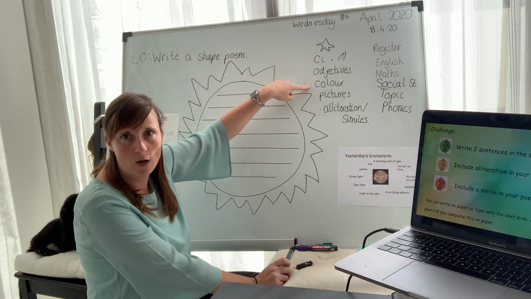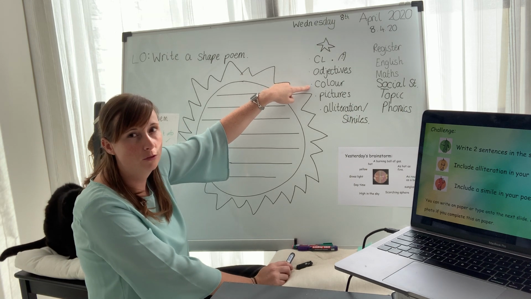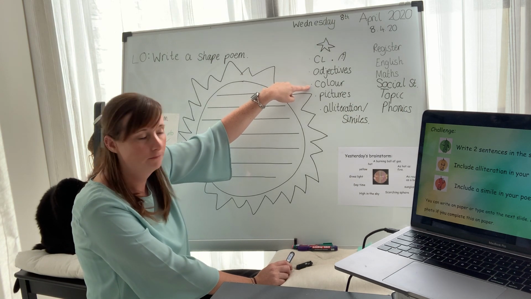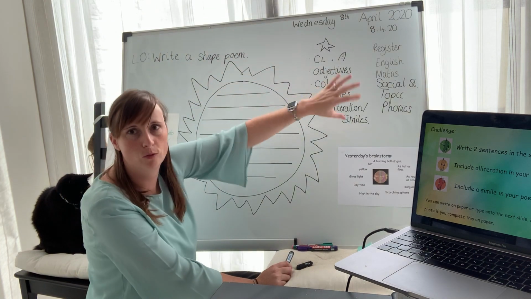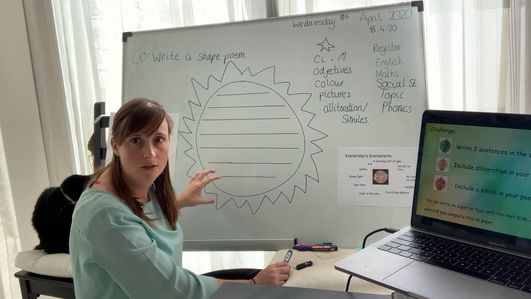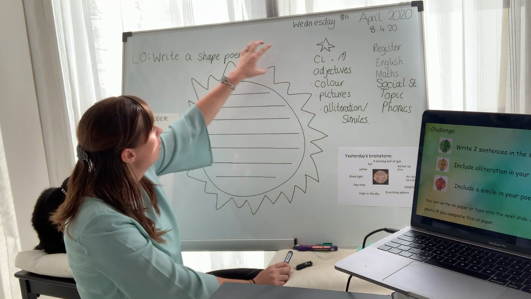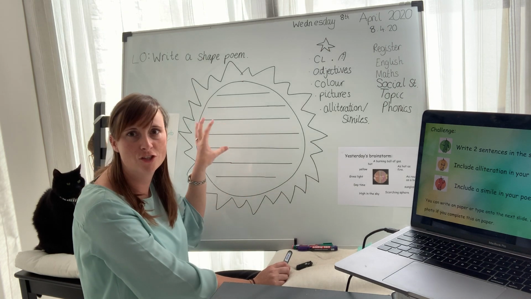When we looked at the poems yesterday, a lot of them were just black and white, and that was a little bit boring, we thought. So maybe we could add some colour. On your piece of paper you might want to draw some pictures around. So I could maybe have some stars or the moon, put some sunglasses, whatever I want around that matches my poem.